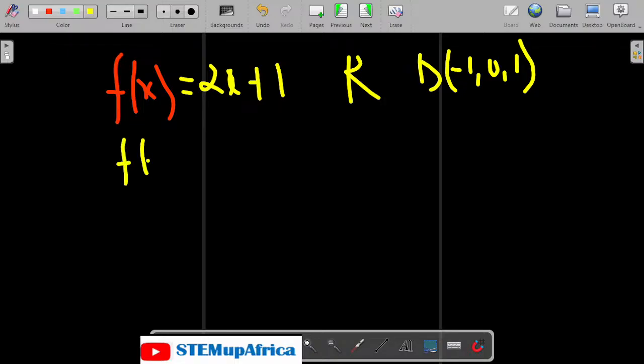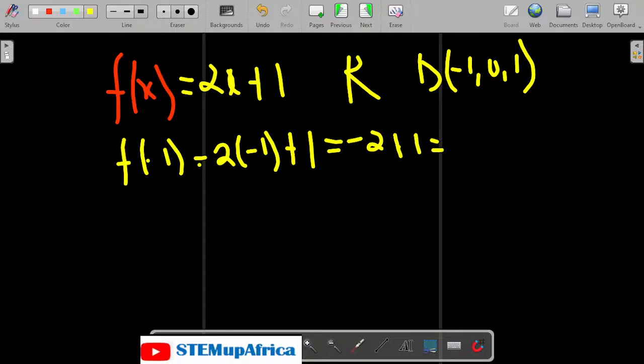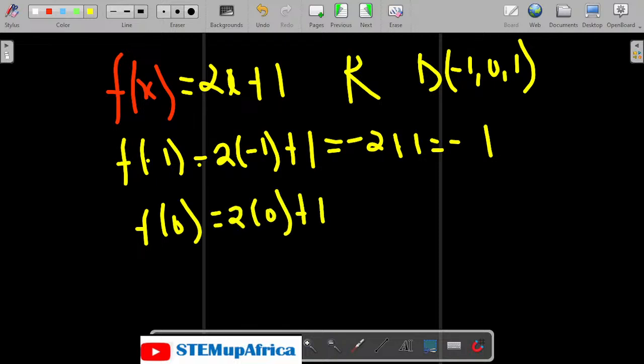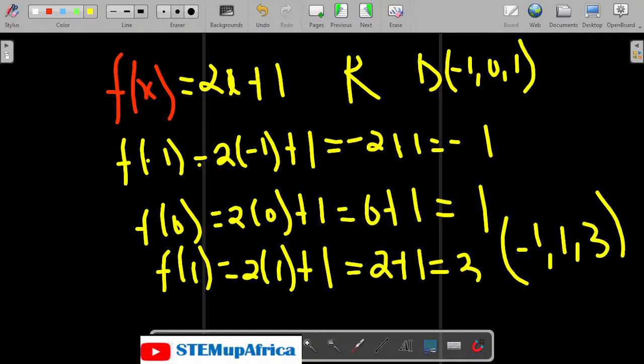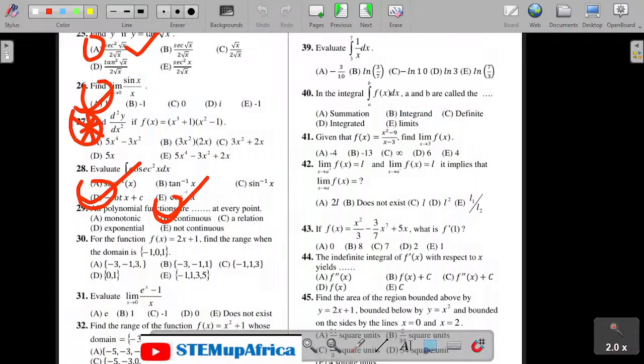I'm having f of minus 1, which gives 2 bracket minus 1 plus 1, which is minus 2 plus 1, the result is minus 1. Then when x is 0, f of 0 becomes 2 bracket 0 plus 1, which is 0 plus 1, the result is 1. Then f of 1, I'm having 2 bracket 1 plus 1, which is 2 plus 1, that is 3. So the range is minus 1, 1, and 3, which is option C.